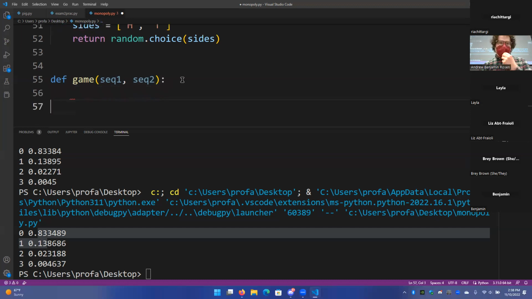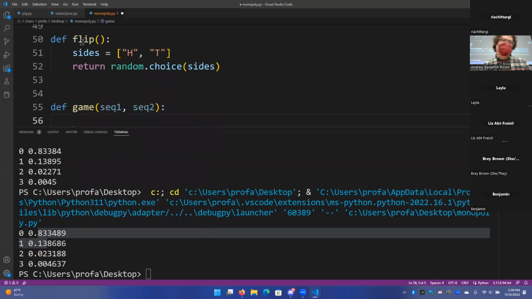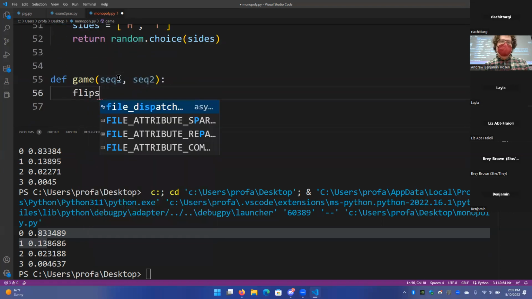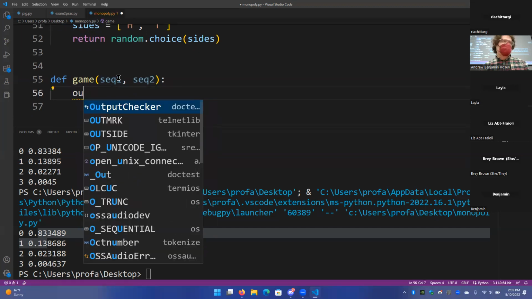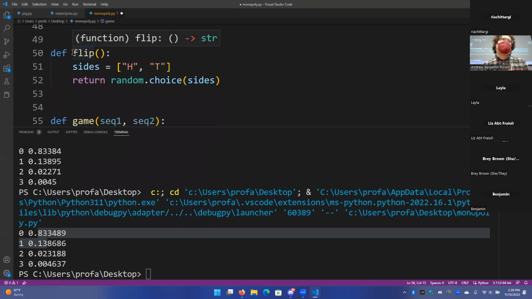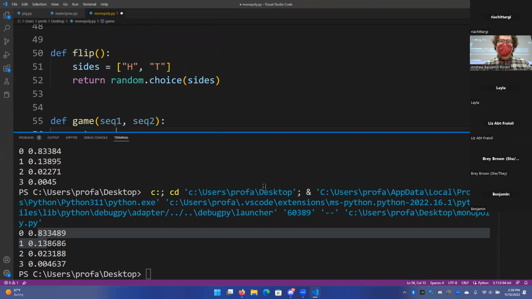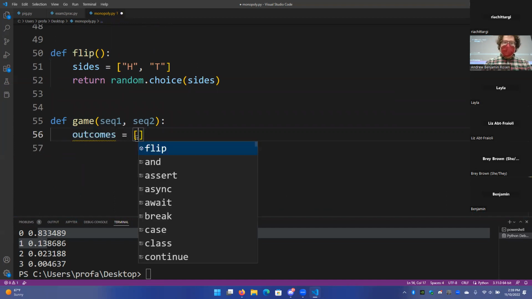So I'm going to create a variable. We have this flip function. We could call it flips here, but let's call it outcomes, so we don't have two variables named very similarly. And this will just be a list.